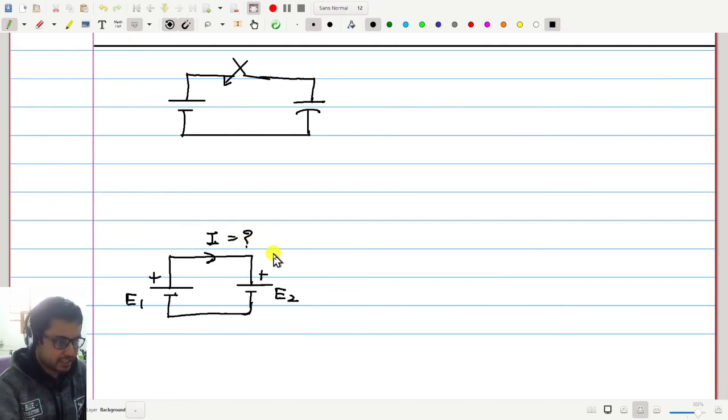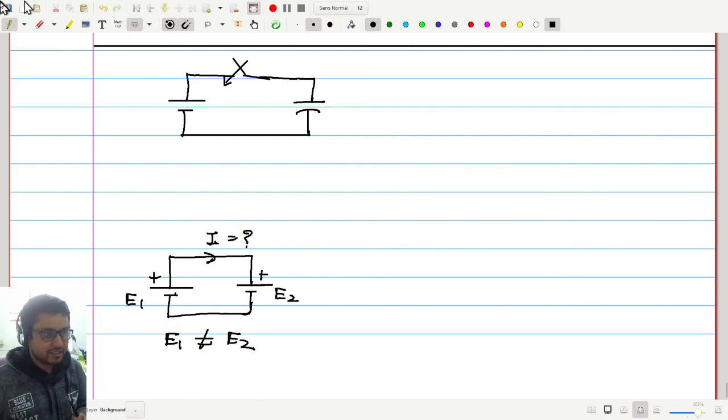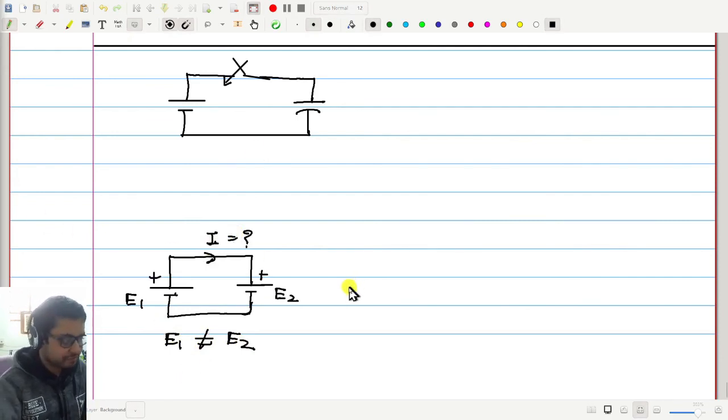What will be the answer of a mathematician? The answer will be, solution does not exist. Correct. Any current can flow? No, in fact, if E1 is not equal to E2, then there is no value of current which will satisfy KVL. So yes, solution does not exist.